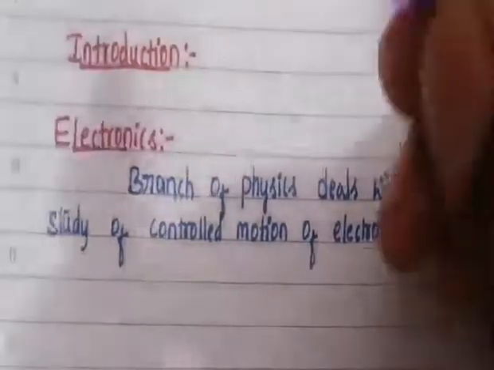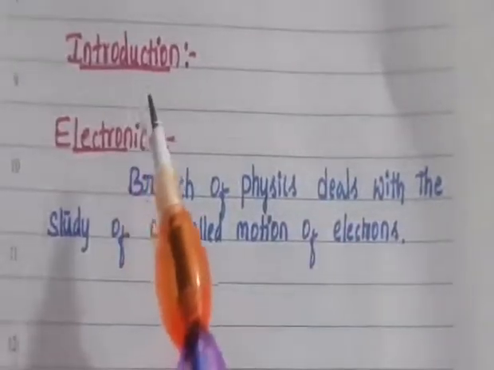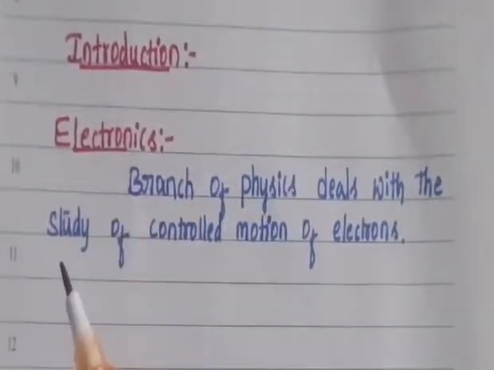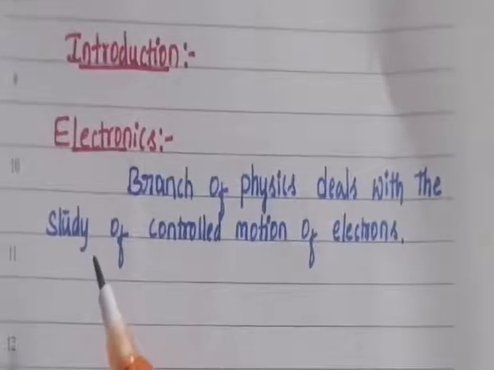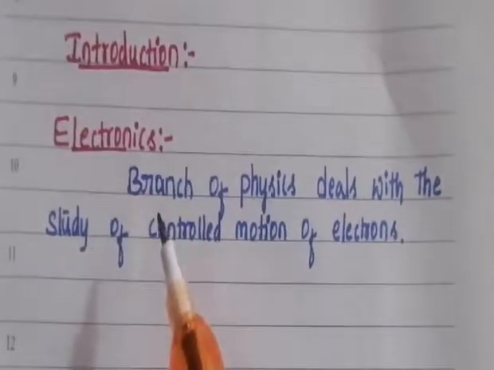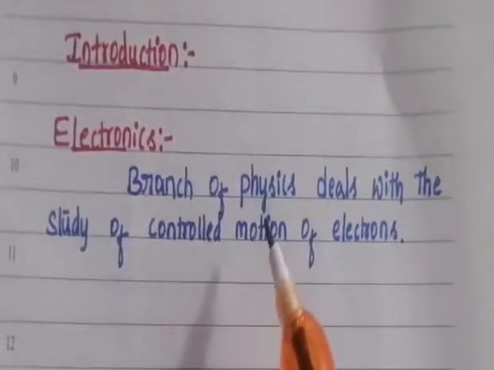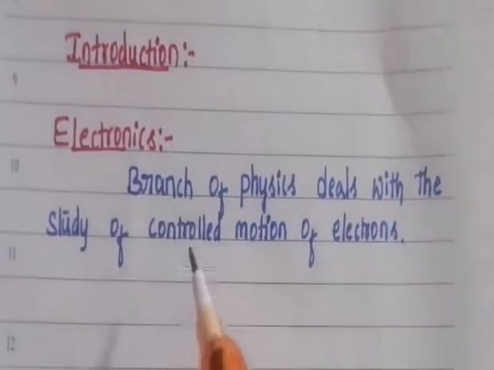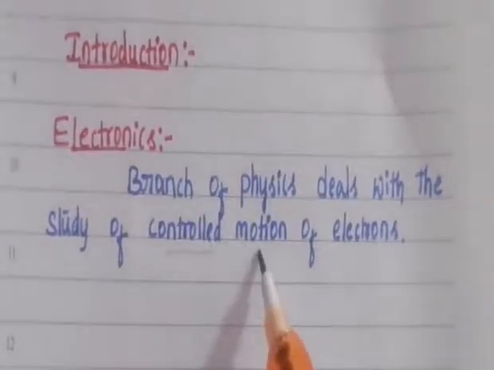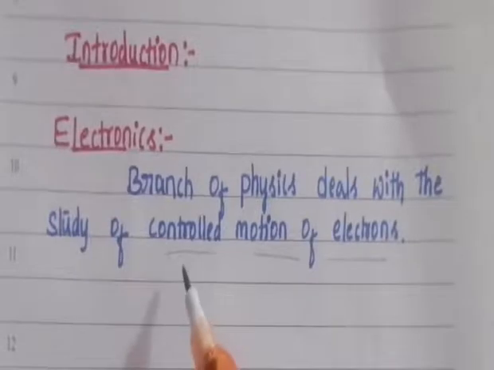Okay, first one is introduction about electronics. What is electronics? Electronics is the branch of physics which deals with the study of controlled motion of electrons.